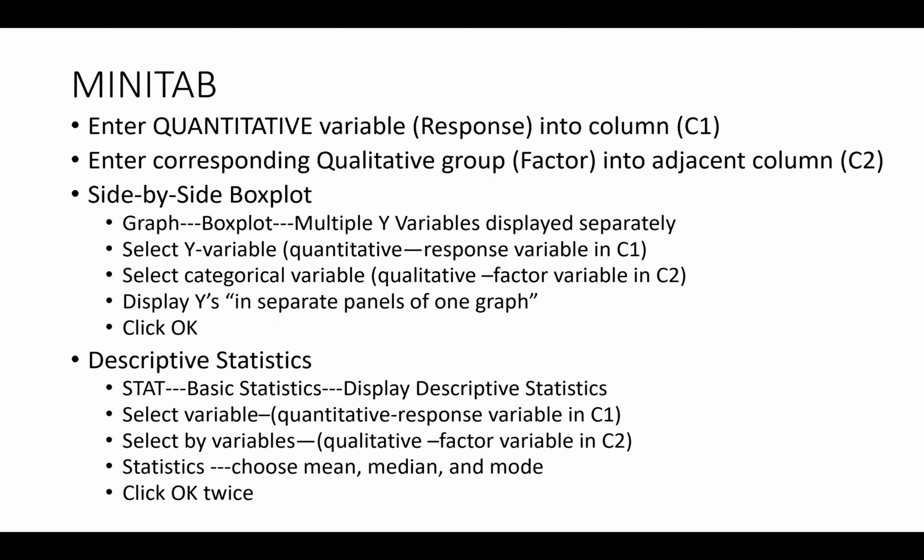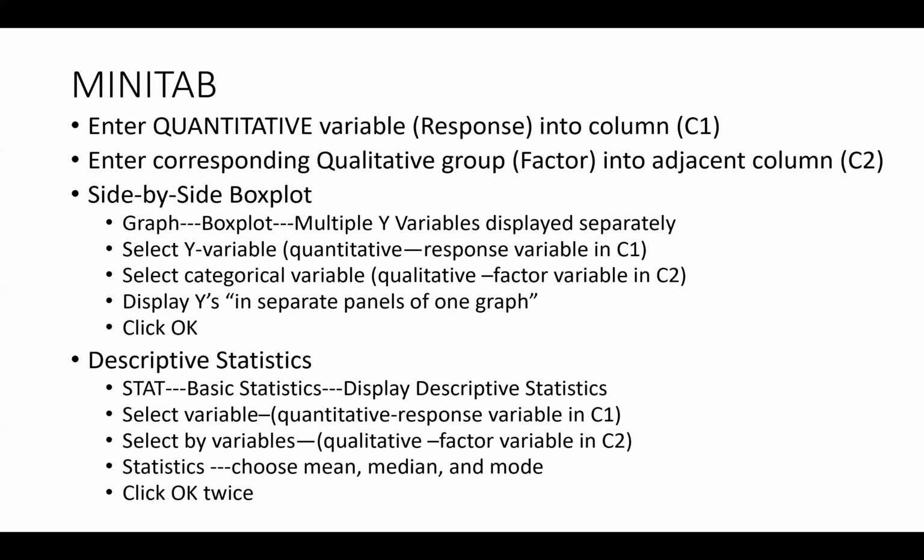So I have the information on the screen for Minitab. One of the differences with Kruskal Wallis is that it wants you to put all of the response values in a single column and then code which group each is in, in the adjacent column.